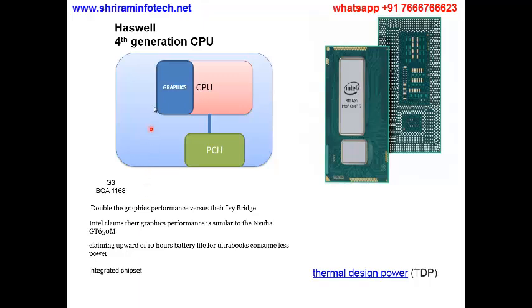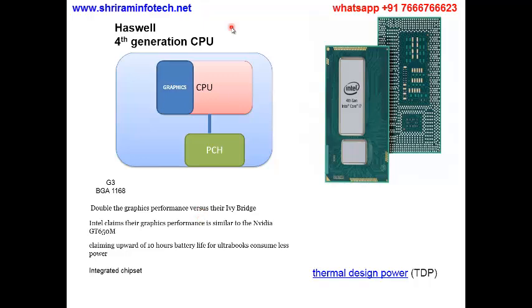And the next processor is called the fourth generation Haswell. From here all the BGA chips are there. Haswell, Broadwell, Kaby Lake, Coffee Lake, all the Lakes. They are all BGAs. There is no socket. In this processor, what they did, they integrated graphics and integrated the PCH also.